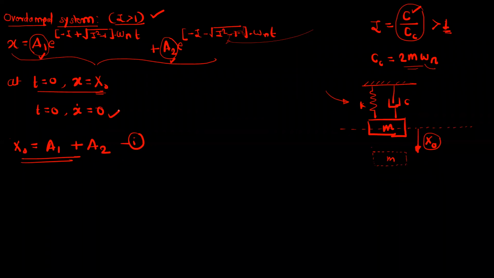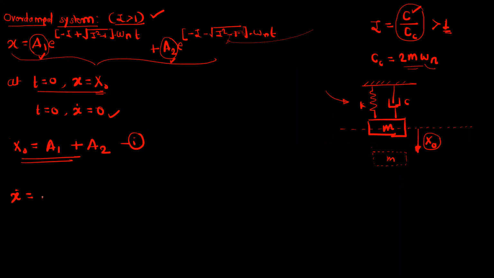To use the second condition, this is for the x dot, that means we need to differentiate this complete equation. So after differentiation, x dot is equal to, just take dx by dt of this equation.